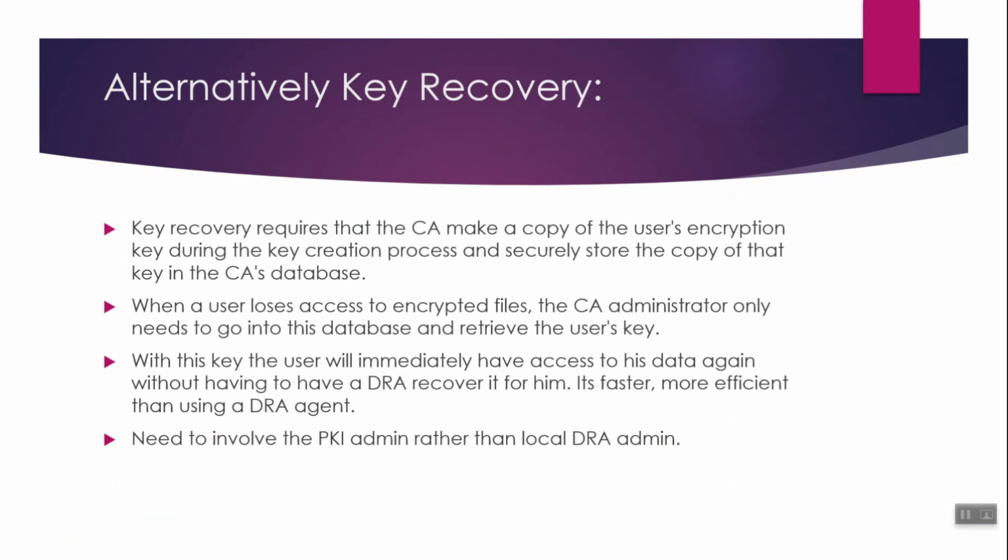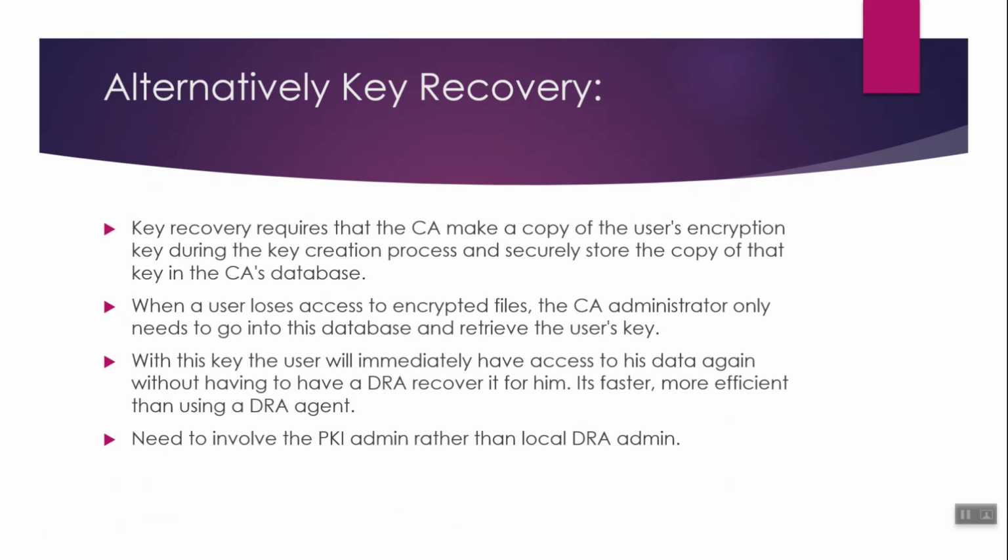Therefore, if his RSA keys, which were used to encrypt the EFS keys, go missing, then the DRA agent also has a key which was used to encrypt the EFS keys. So using that key, we decrypt the EFS keys, and then we decrypt all the files which the user has. Hope this makes sense. Now again, it brings us to the same question here.